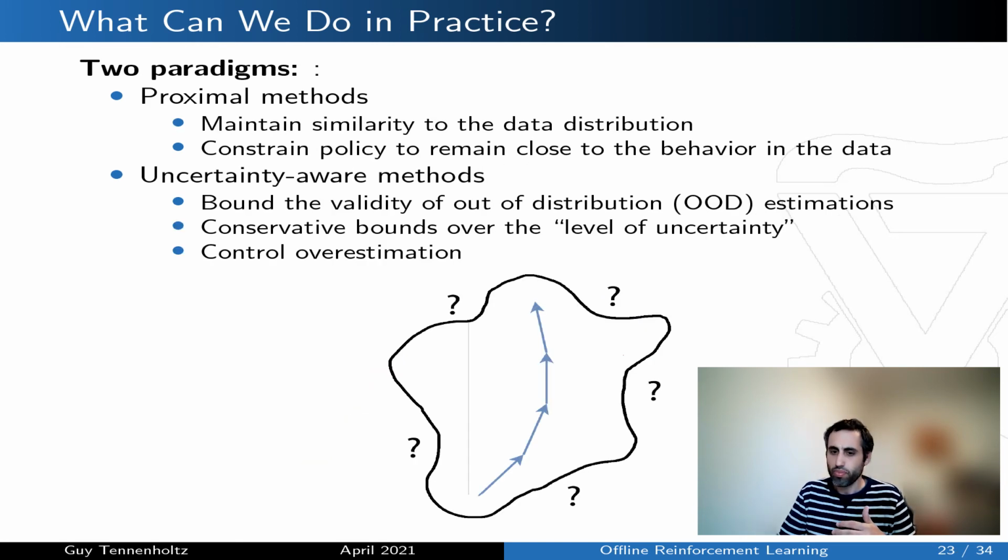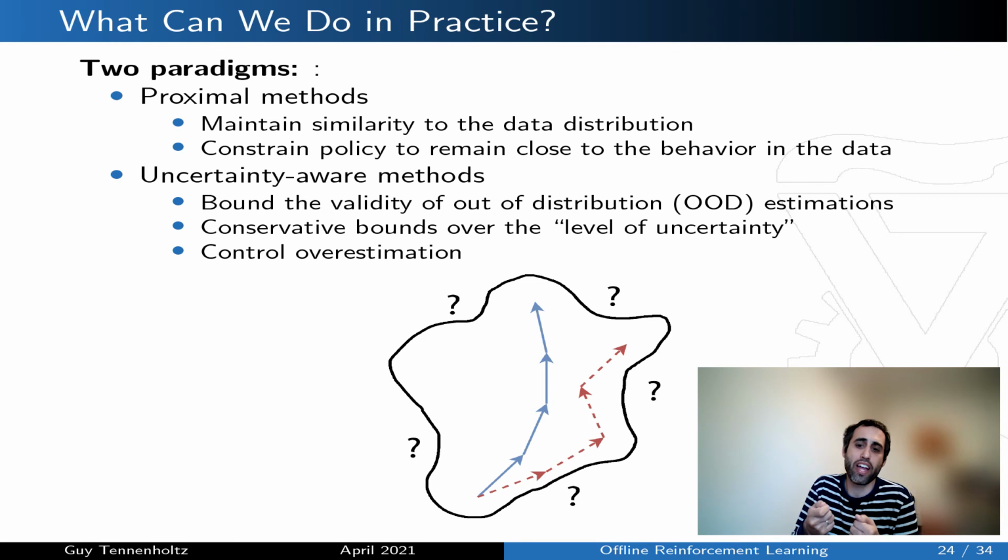Other methods are based on uncertainty. Uncertainty-based methods don't necessarily ask us to remain close to the policy distribution in the data, but rather only to stay far away from areas of high uncertainty. So we get some conservative bounds of this level of uncertainty in our Q function or in our model, and we try to stay away from areas of high uncertainty.